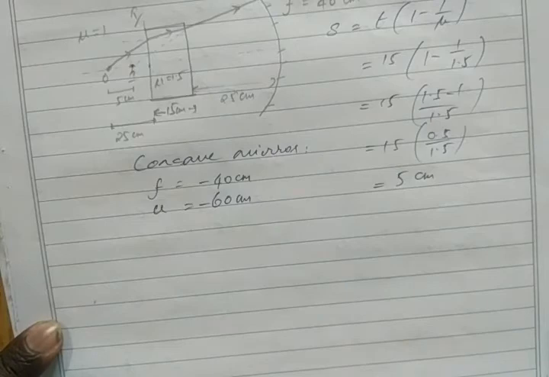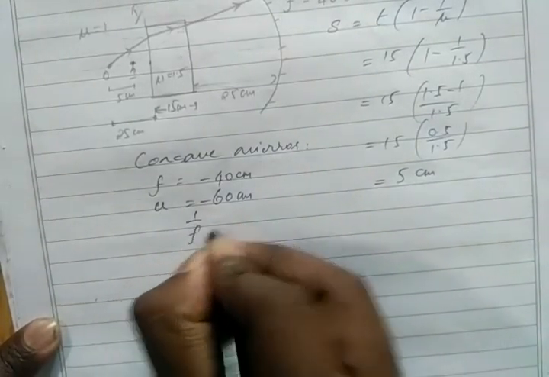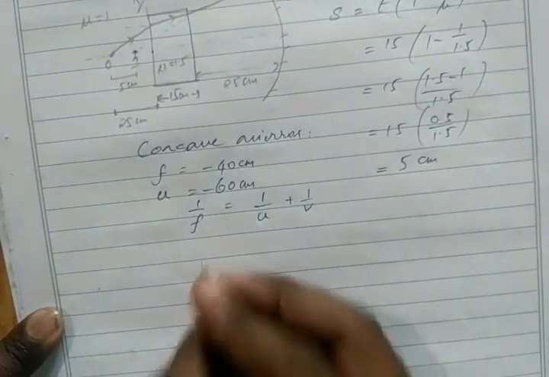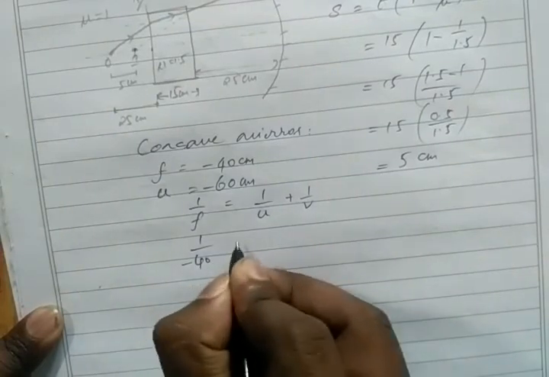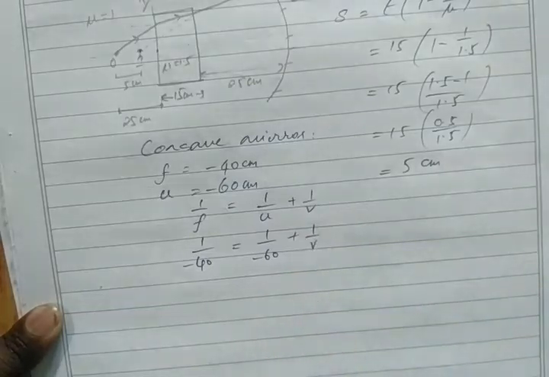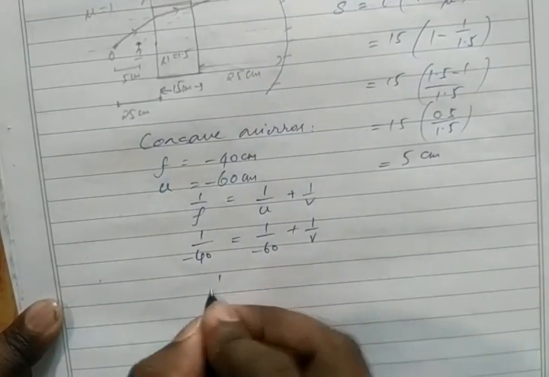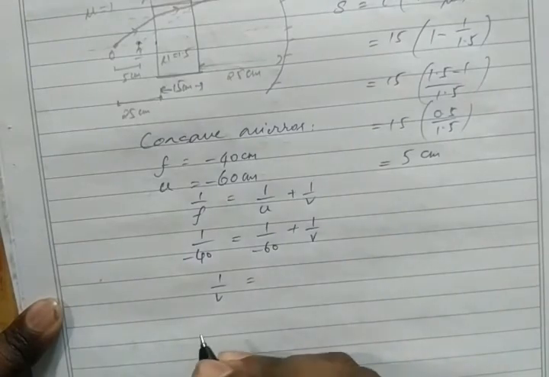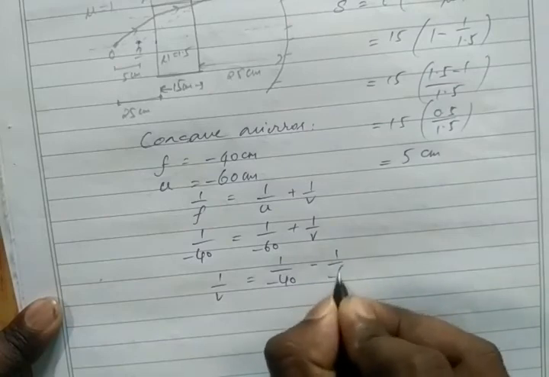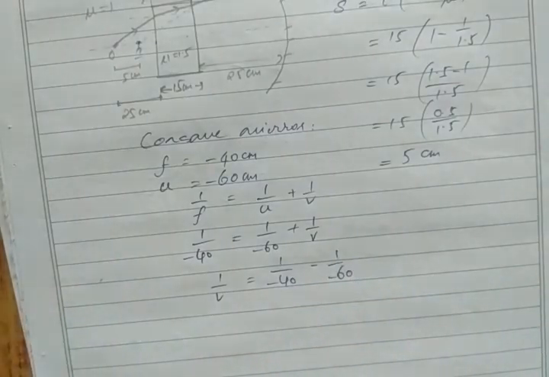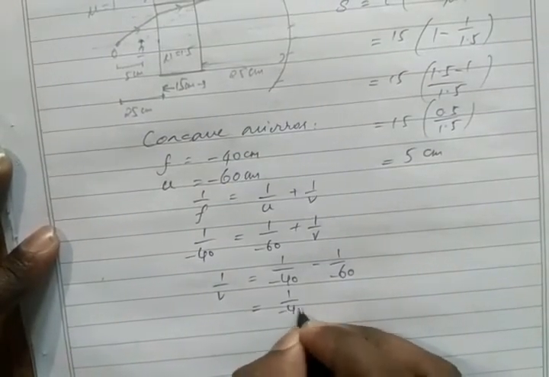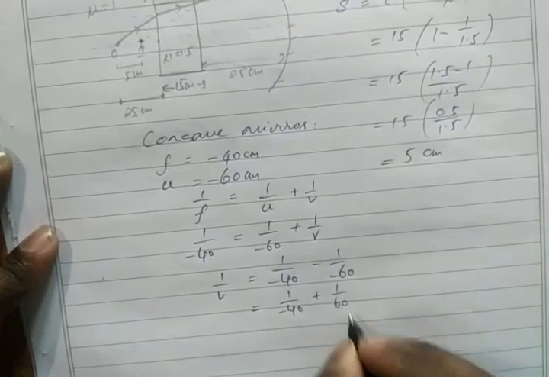Okay, now apply the mirror formula. 1 by f equal to 1 by u plus 1 by v. So 1 by minus 40 equal to 1 by minus 60 plus 1 by v, that we have to find. So 1 by v equal to 1 by minus 40 minus 1 by minus 60. Correct? So minus into minus will become plus here. 1 by minus 40 plus 1 by 60.